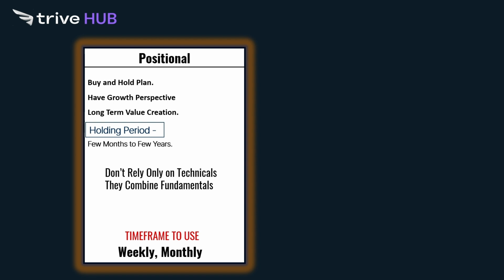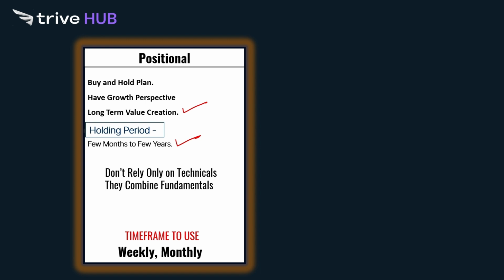This is also very safe, but it takes a huge amount of time to give you a particular target, and you have to use less leverage while holding for the long term. Alright, this creates long term value, and the holding period will be a few months to a few years.